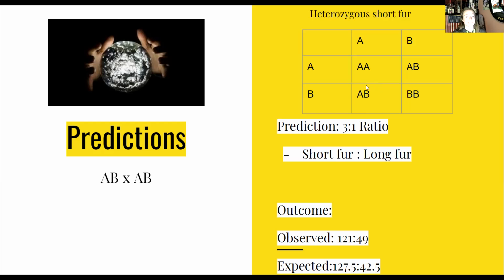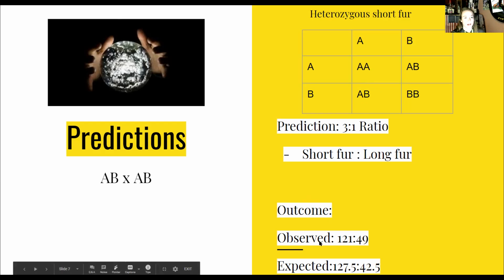So that overall means that the short fur is our main dominant allele. Our observed outcome for this is 121 to 49, while our expected was 127.5 to 42.5. And these numbers are also very similar.